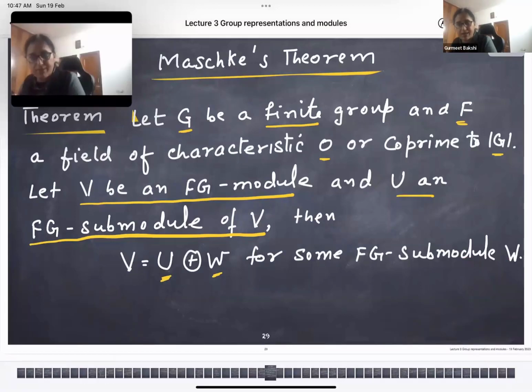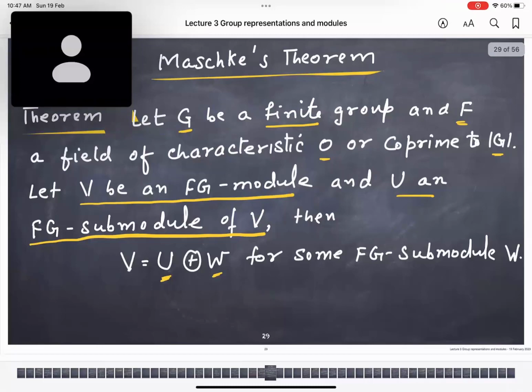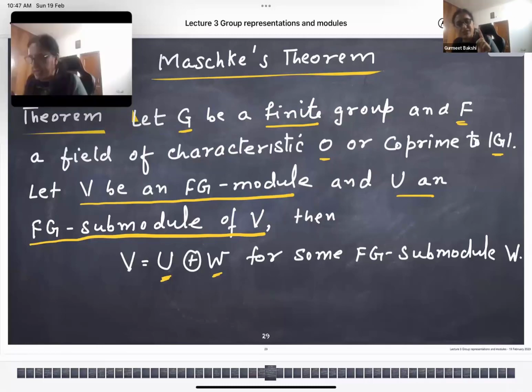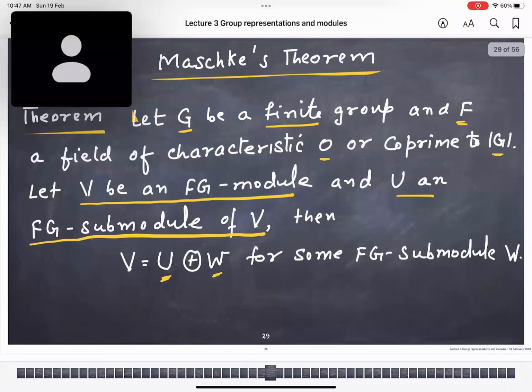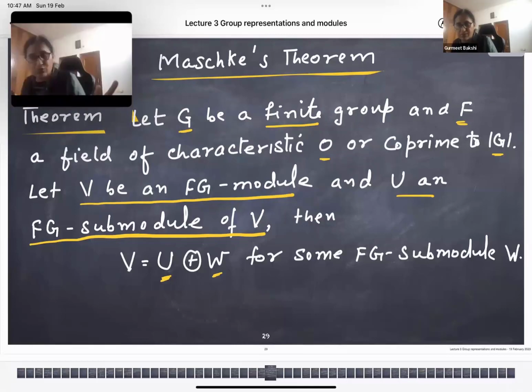For the time being it is any, but then I will keep on decomposing and prove that eventually, because the dimension of V over F is finite, you will reach a stage where you have a decomposition into irreducible submodules. Here it is any FG submodule that has a complement. So I have broken this into two FG submodules, and now you can apply the same thing to U. If U is an irreducible FG module, very good.